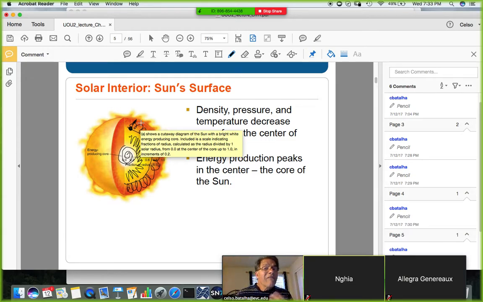So you have three regions in the solar interior: the core itself, where energy is produced; the radiative diffusive shell, where this radiation migrates and moves outward; and the convective zone, where the mechanism by which energy is transferred is slightly different. It's by bubbling up, pretty much like we have convection here on Earth.